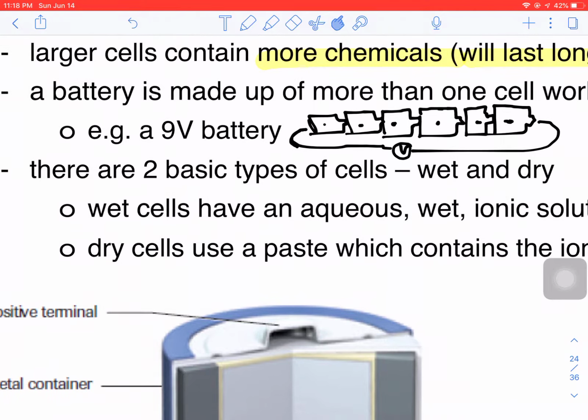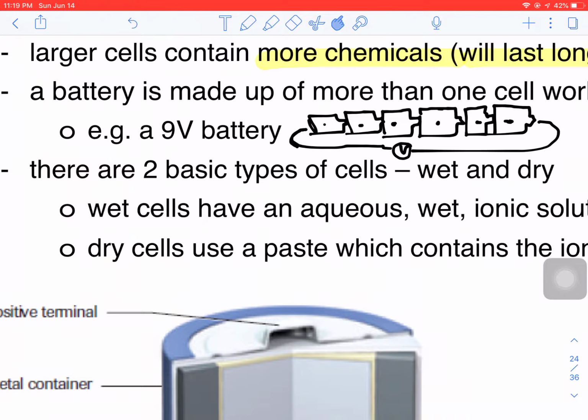Now, we typically have 2 kinds of cells that we use. We have wet cells and dry cells. In a wet cell, it is exactly what we would expect. Like the beakers we had a minute ago, I've got a liquid in both of the chambers.